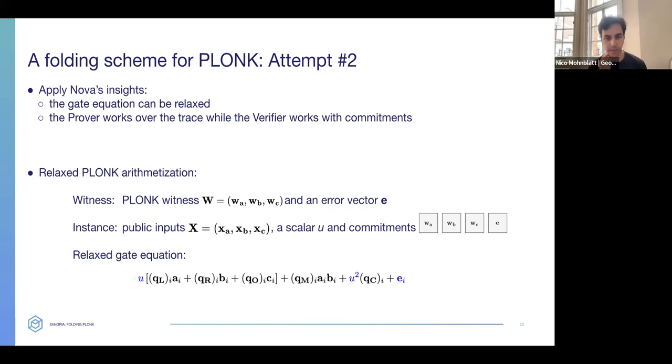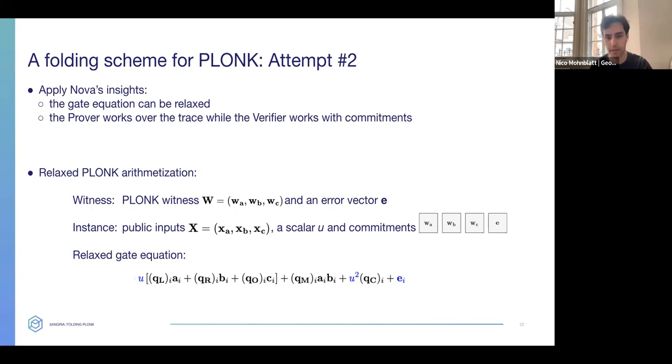The key idea here is that you want it to become homogeneous. You want every term in this sum to be of the same degree. So the selectors are fixed because we have a fixed circuit, so we don't count these as variables, but everything else counts as a variable. Ignore the error vector as well.